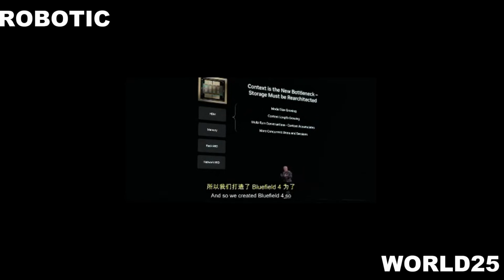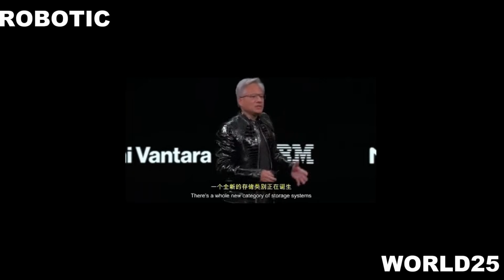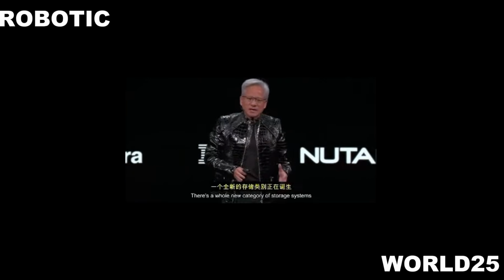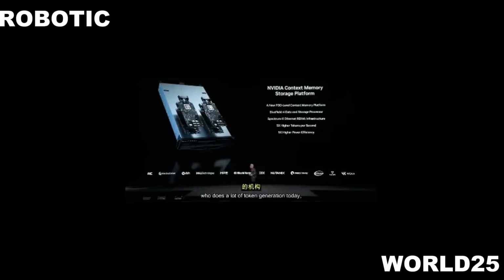And so we created BlueField 4 so that we could essentially have a very fast KV cache context memory store right in the rack. And so I'll show you in just one second, but there's a whole new category of storage systems. And the industry is so excited because this is a pain point for just about everybody who does a lot of token generation today.